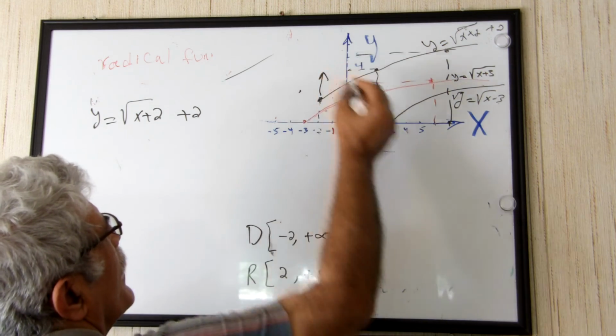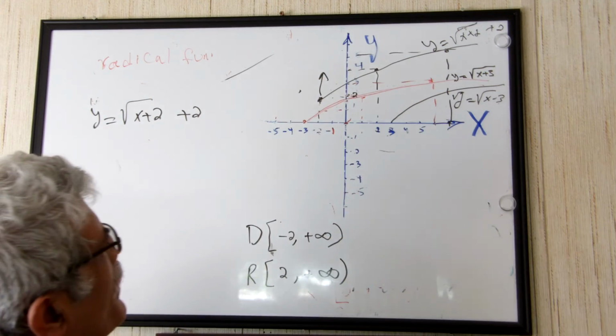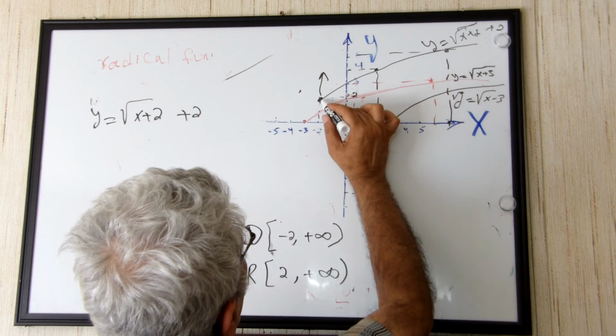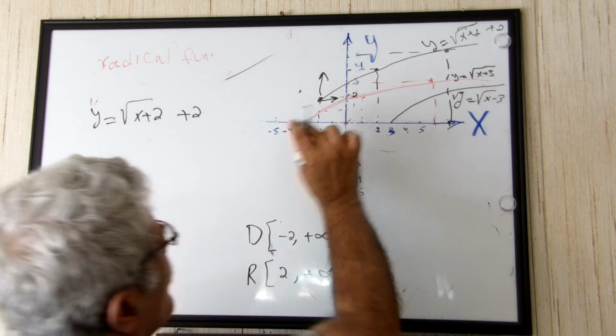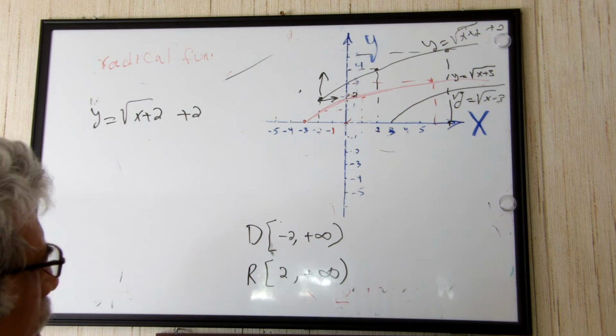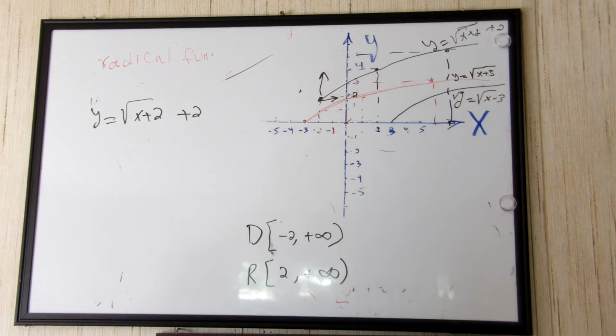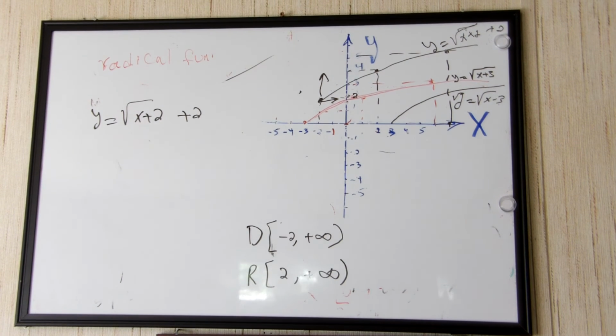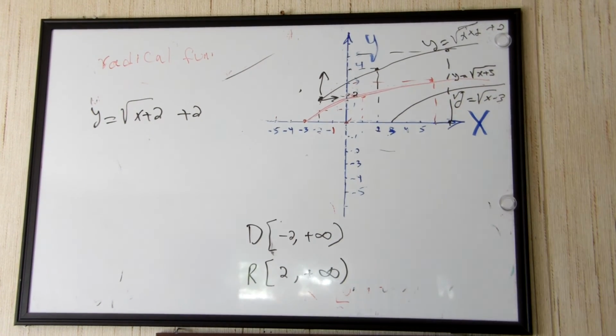From 2 to infinity, and the range for this one is going this way, 2 up to plus infinity. So these are the things about radical functions.